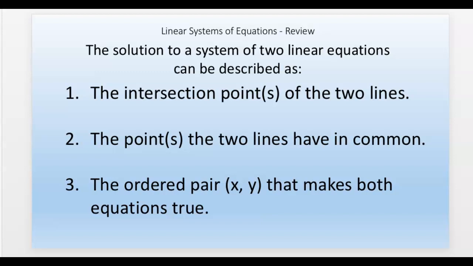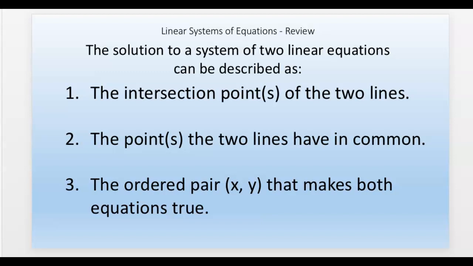Guys, the solution to a system of two linear equations, you can describe it three different ways. It's the intersection of the two lines. It's usually one point, unless it's the same line, so it's all the points. That's where the two lines cross on a graph.